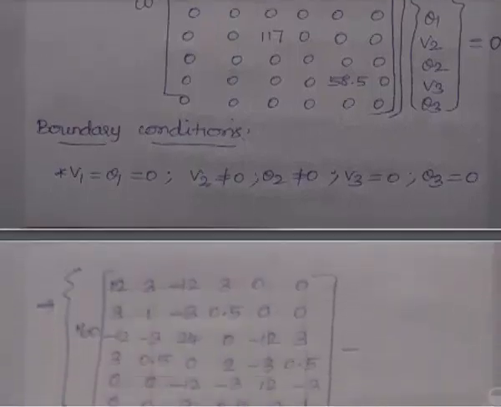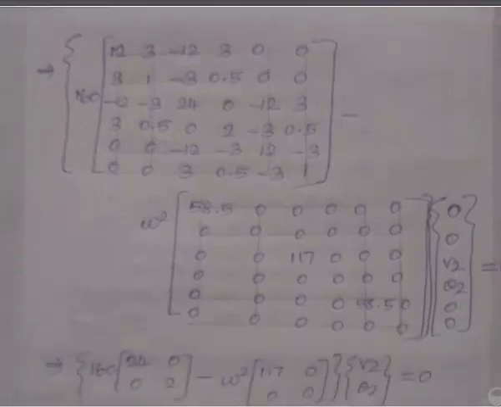Now we apply the boundary conditions in the previous expression. The components which are 0 in the displacement matrix, the corresponding rows and columns in the stiffness and mass matrices can be cancelled out. So the first, second, fifth and sixth rows and columns of the stiffness and mass matrices can be cancelled, since the corresponding components in the displacement matrix are 0.